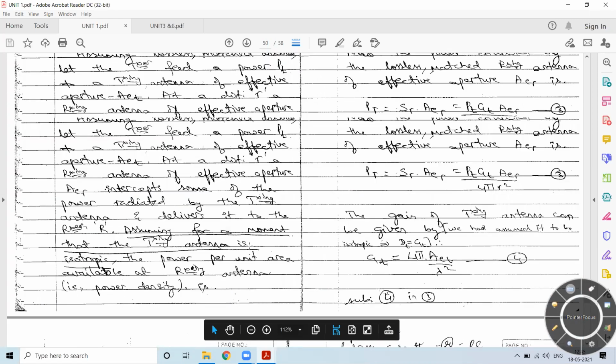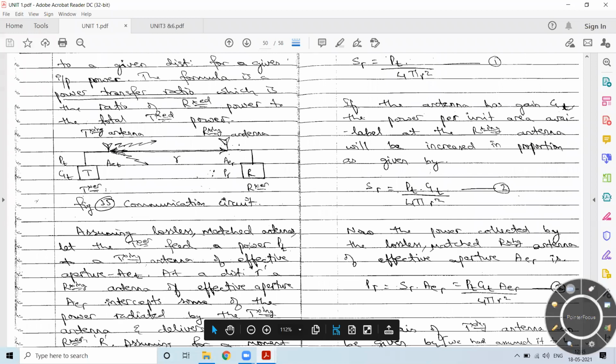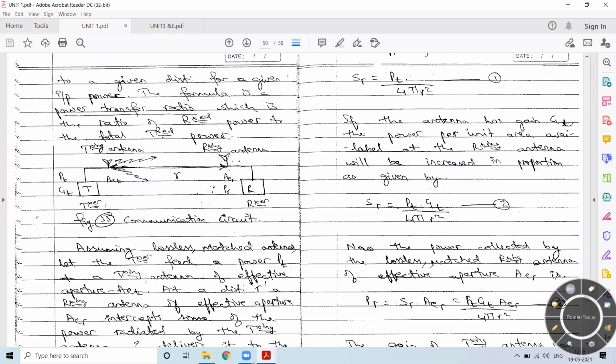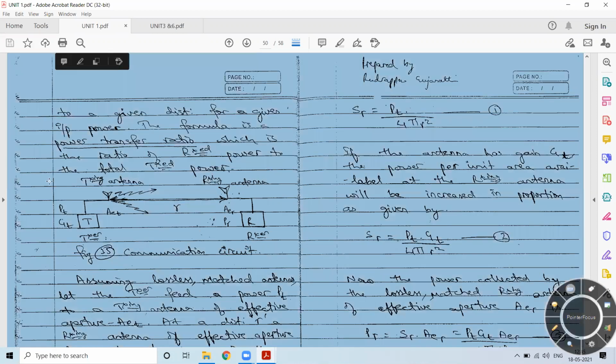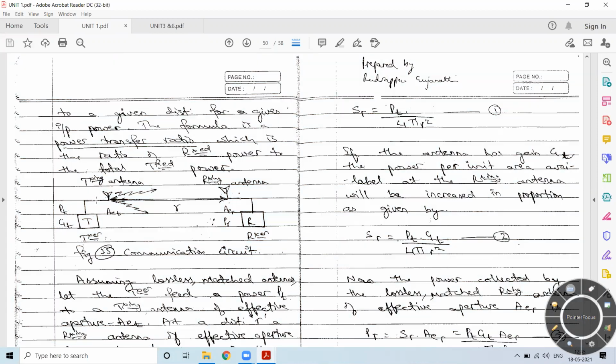Now let us see what parameters we have to consider when we look at this communication link, or the Friis transmission equation. The communication system consists of a transmitting side and a receiving side, which we call the transmitter and the receiver. What comes into play is the transmitting antenna and the receiving antenna.